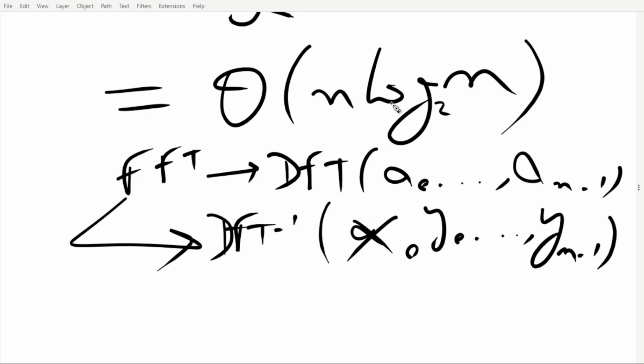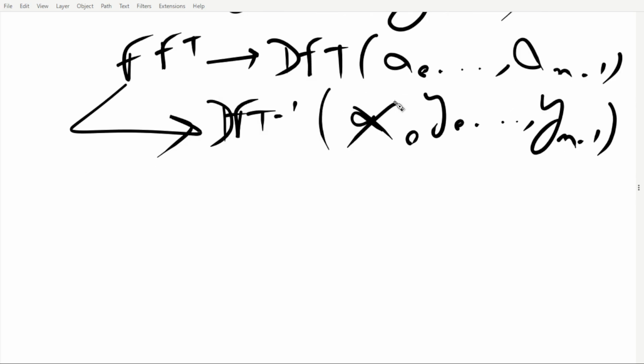Use the same recursive algorithm. Here the only difference is when using the FFT algorithm for computing the DFT inverse. What we have to do is just flip the powers of omega.